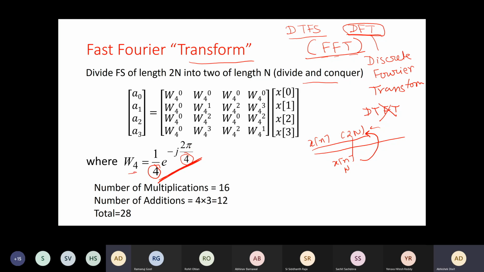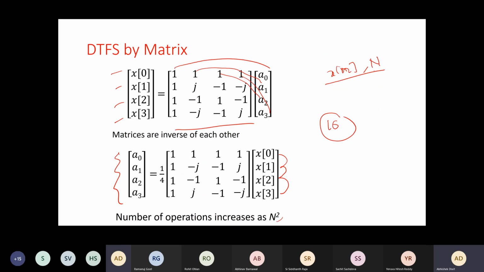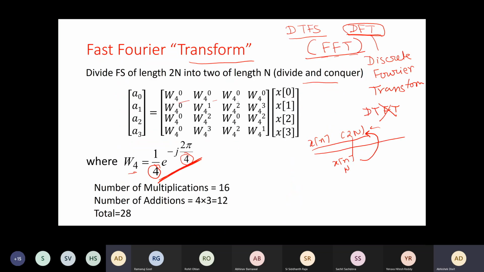So let me call this W4. Then I can write these various complex exponentials like this: W4 to the power 0. So this will give us 1 or 1 by 4, because if you look at this, you had 1 by 4 here. And if I look at this, then we can get to various complex exponentials.